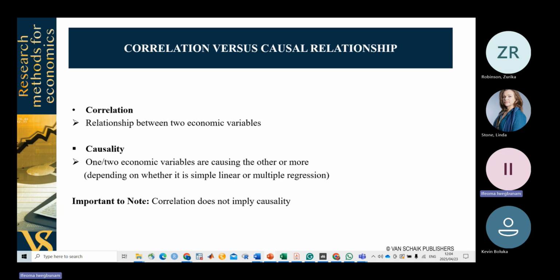However, the fact that the variables are moving in the same direction, that maybe we establish a relationship between the variables, does not imply that government expenditure leads to economic growth automatically.